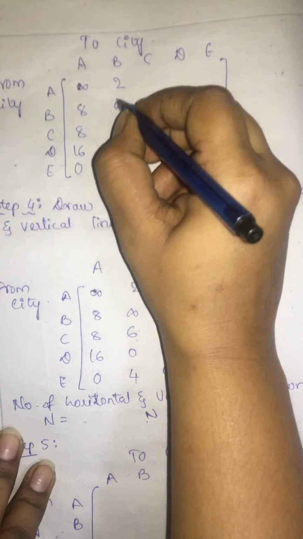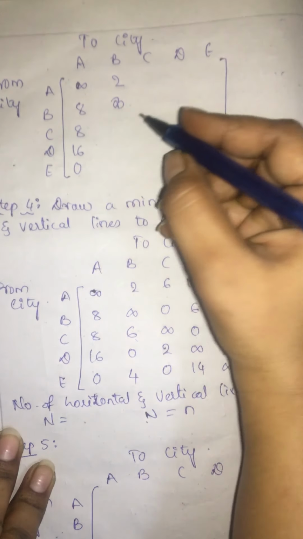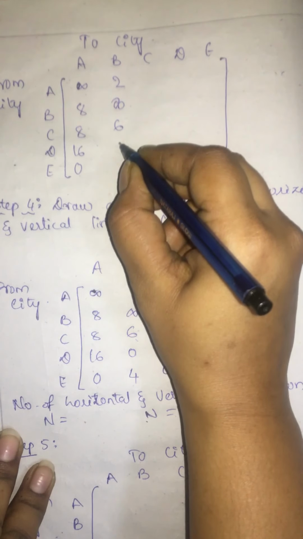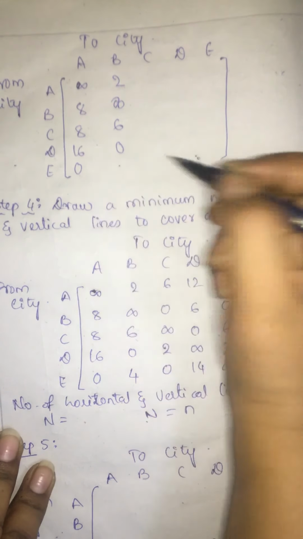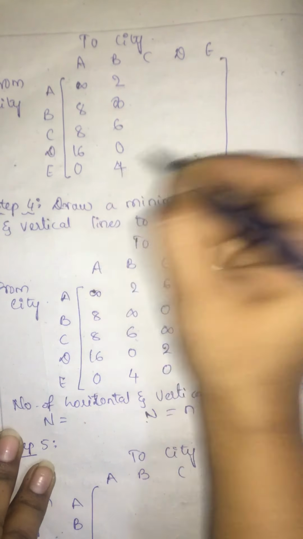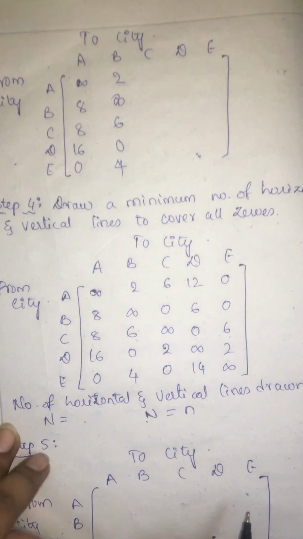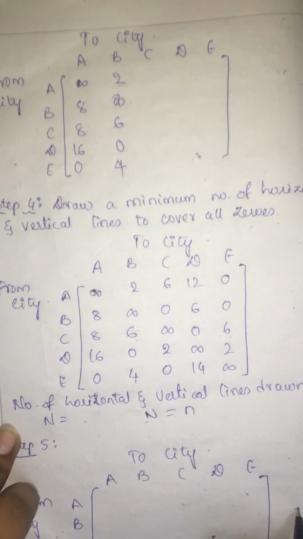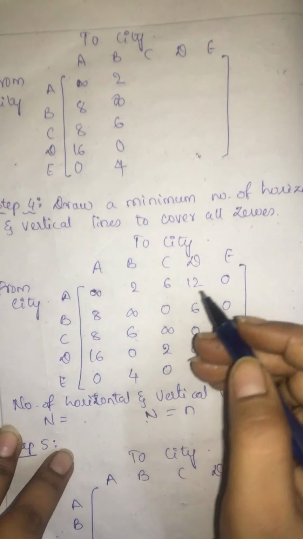Infinity minus 0 is infinity. 6 minus 0 is 6. 0 minus 0 is 0. 4 minus 0 is 4. Okay, so in the third column, what is the minimum value? The minimum value is 2.